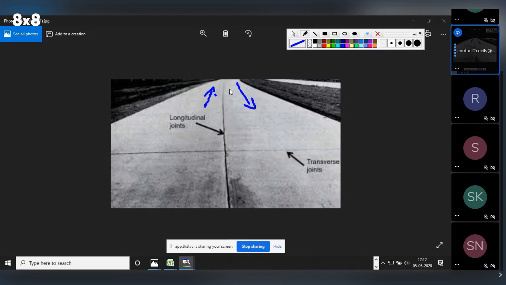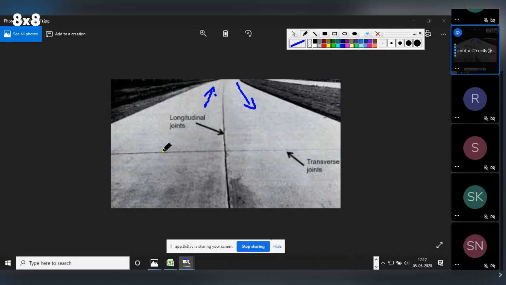Now, along the traffic direction, I said this is the traffic direction. So parallel to the traffic direction, what is this joint? This is the longitudinal joint. And perpendicular to the traffic, what are these joints? These are your transverse joints. Clear till now? Now see, since there is a gap between these joints, this is a discontinuous structure.